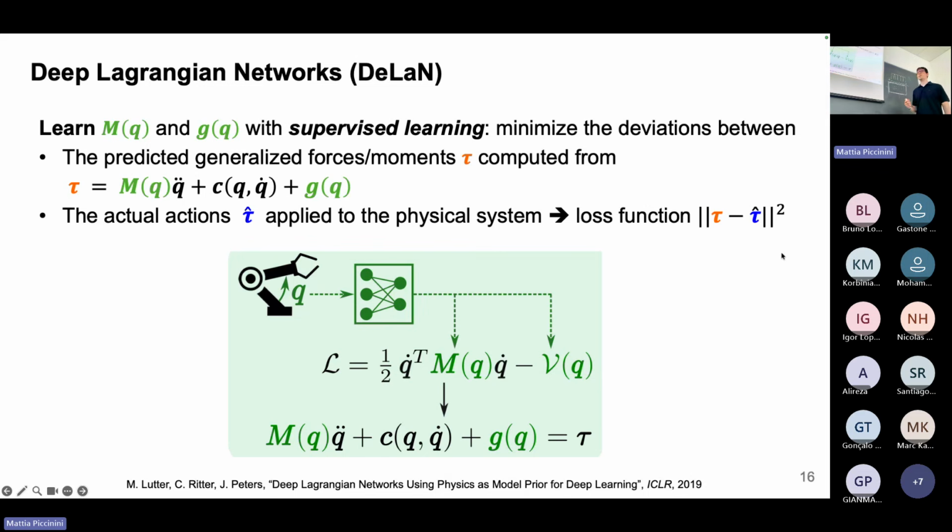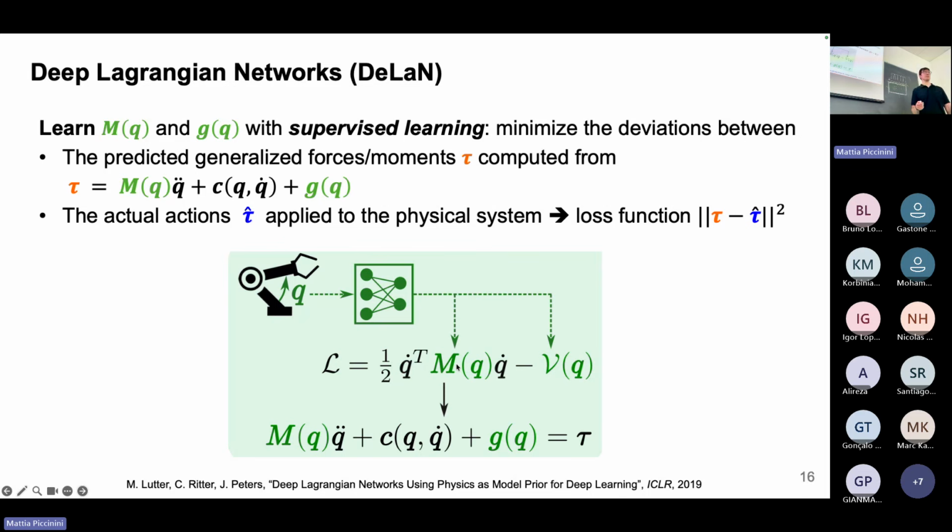We're not changing the loss function. This is a data-based loss function. But we are acting on the architecture, if you want, of the network. Because you can see everything as a big neural network with some components that are actually neural networks and some others that are physics equations. And you're also acting on the structure of M. You're saying M is not a general purpose network.